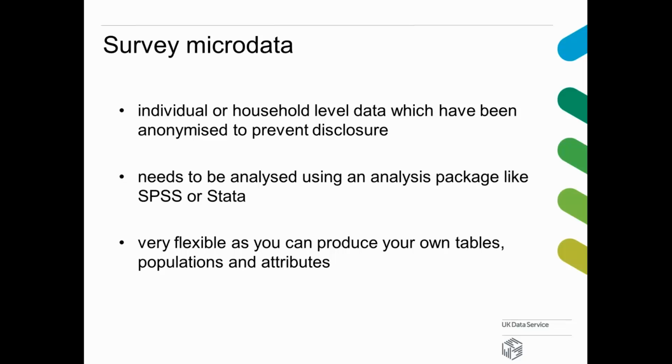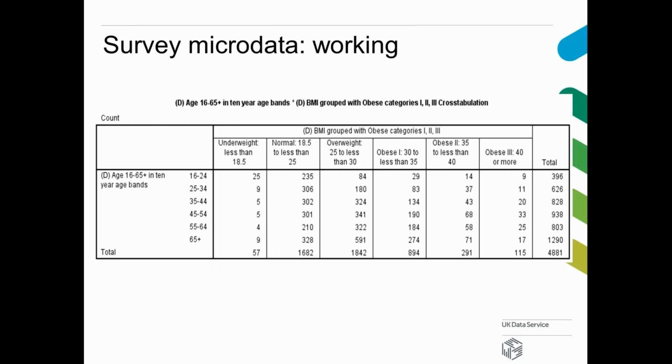These are very flexible kinds of data, so they allow you to produce your own tables, isolate your own populations of interest, and have a look at multiple attributes and the relationships between them. You can produce a number of different types of outputs with these data. Here you can see a fairly simple cross-tabulation which looks at BMI, or body mass index, by age group from the 2014 Health Survey for England.